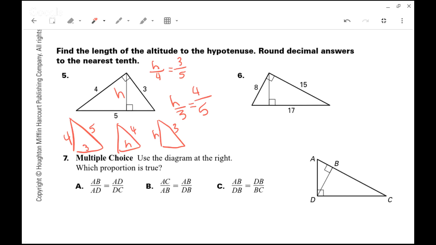So see how, even though this one used the medium triangle and this one used the small triangle, we're still cross multiplying the same two numbers here and then dividing by the same 5. So we're going to come up with that same answer. So that's why I tell you guys that there's definitely more than one way to set these up. And you'll come out with the same answer either way.